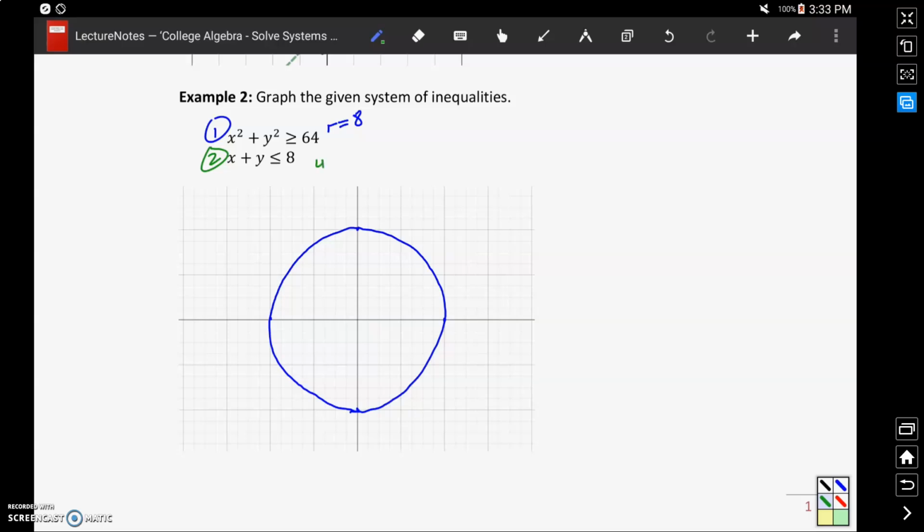Inequality 2, if we solve for y, can be represented as a line with an intercept at 8 and a slope of -1, which will have it hitting the x-axis at x equals +8.